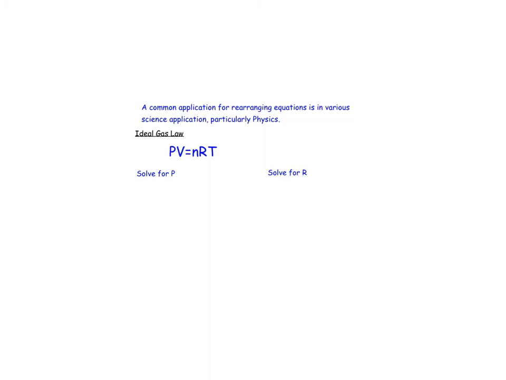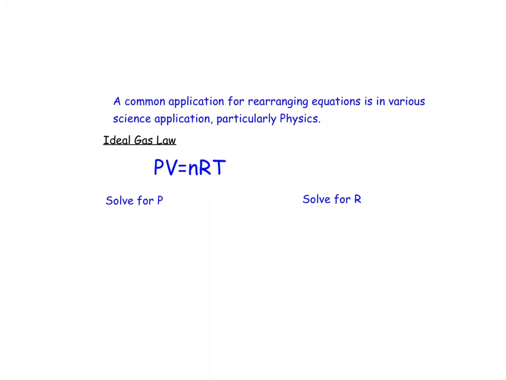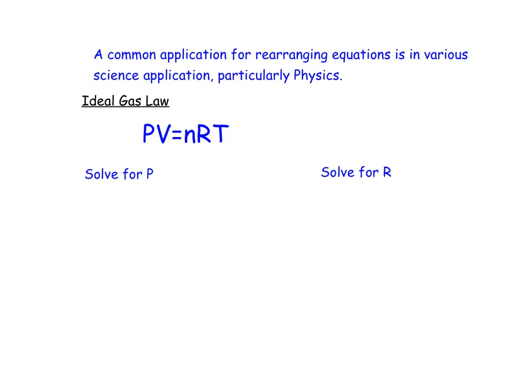This is a chemistry example. This is called the ideal gas law. It may look familiar from a chemistry course, and the ideal gas law is PV equals nRT, and each of these letters has a different meaning to it. We're not going to get into that right now, but let's rearrange these.